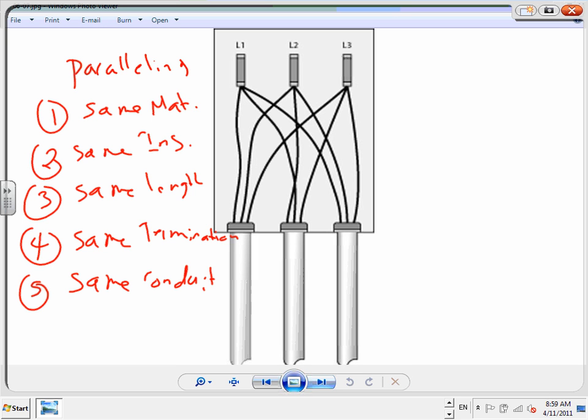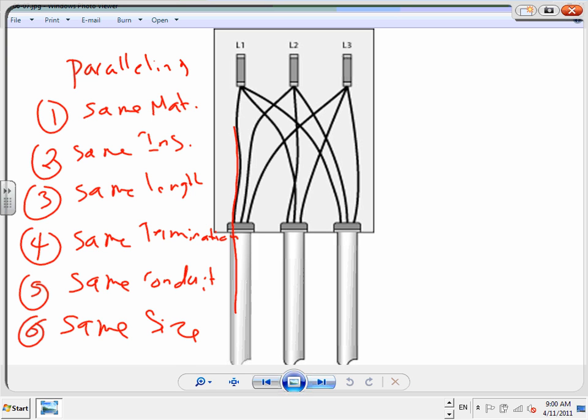Did we forget anything? Same material, same insulation, same length, same termination, same size. Number six is same size. These are dear to your heart, and they should be dear to everybody who deals with power, guys. When we parallel conductors, you can see how the conductors here are parallel, right?